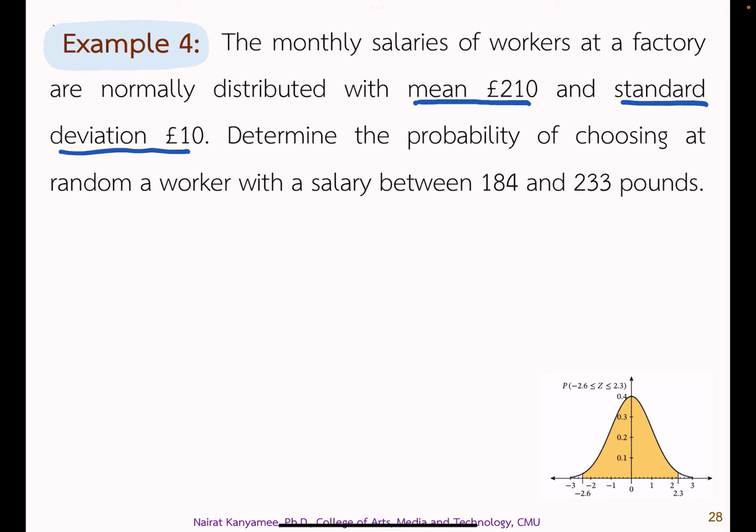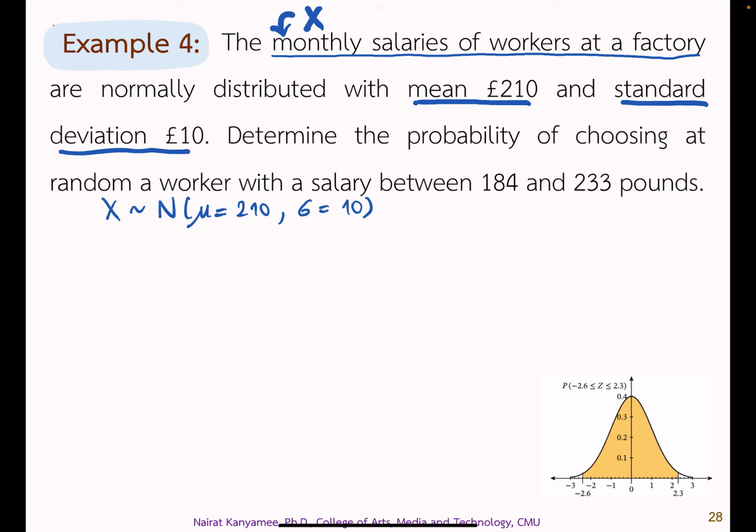So from here, it is already given that it is a normal random variable. So let X be the monthly salary of the worker at the factory. X follows a normal distribution with mean 210 and standard deviation of 10.